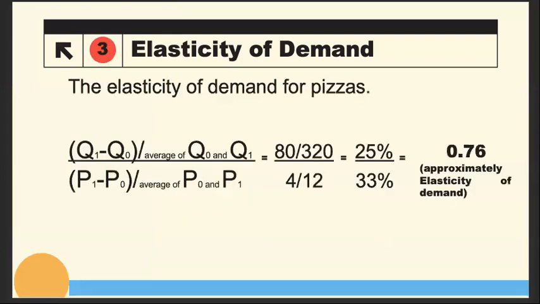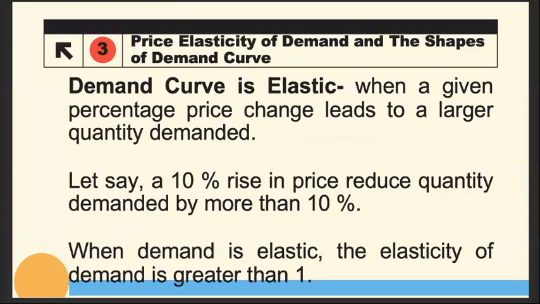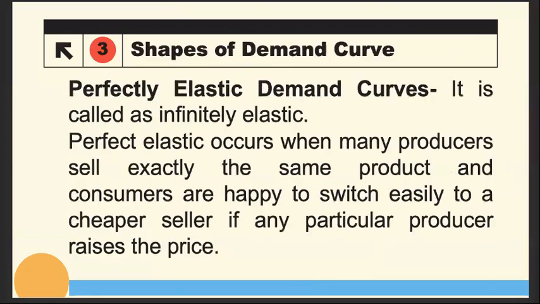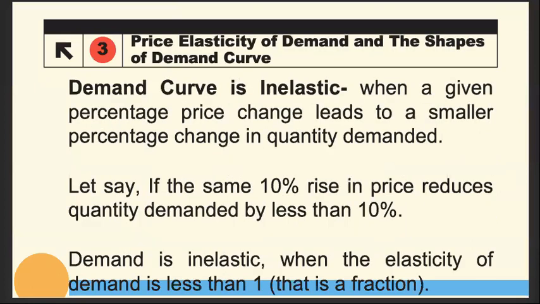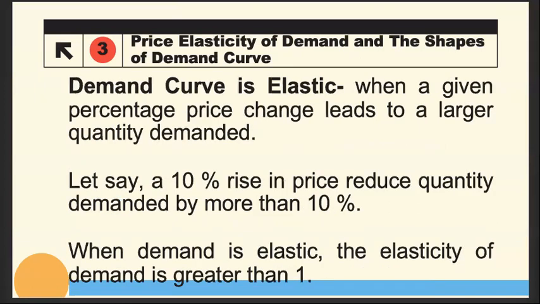Now, as you can see here, this is the elasticity of demand for pizza. Approximately, we have 0.76 elasticity of demand. Now, we can say that the demand curve is elastic when a given percentage price change leads to a larger percentage change in quantity demanded.